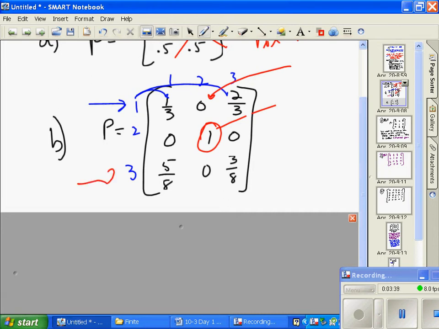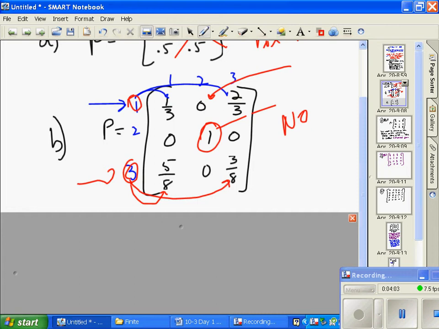So I need to try state 3. State 3, I can start in state 3 and go to state 1, and I can start in 3 and go to 3. But is there any way I can start in either 1 or 2 and get there? And the answer is no. So I cannot get to state 2 from state 1 and state 3.